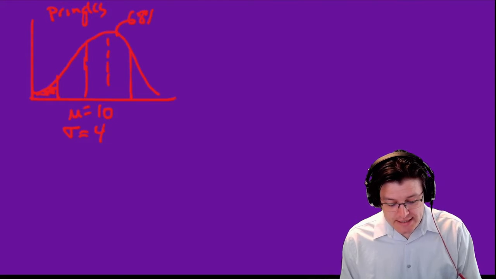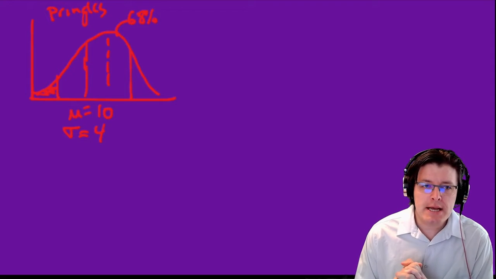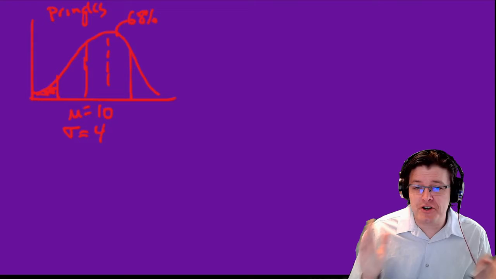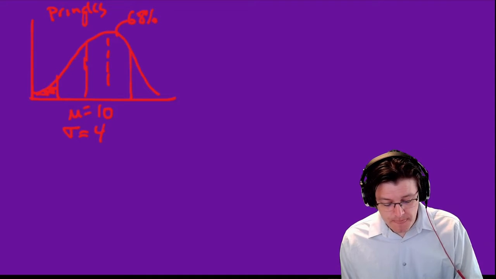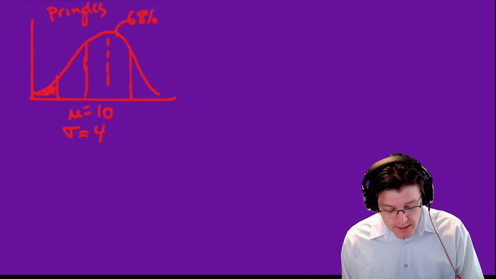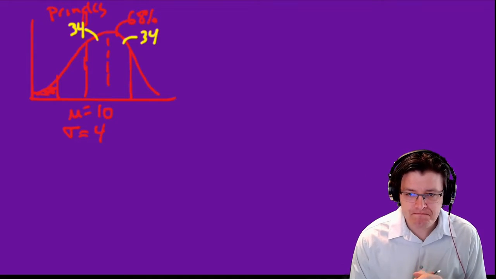This will not give us the exact value, and we'll calculate that exact value in a minute. But 68% is between 1 standard deviation, so really it's 34% and 34% on each side of the mean.